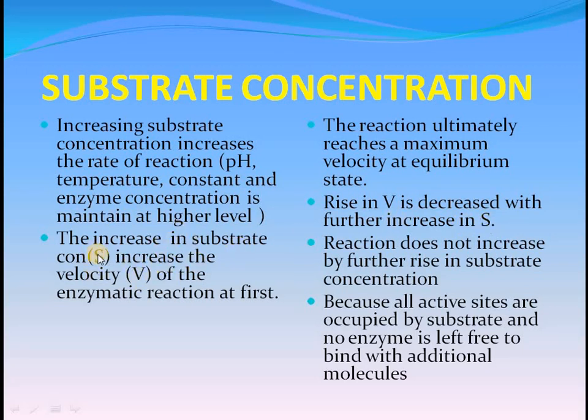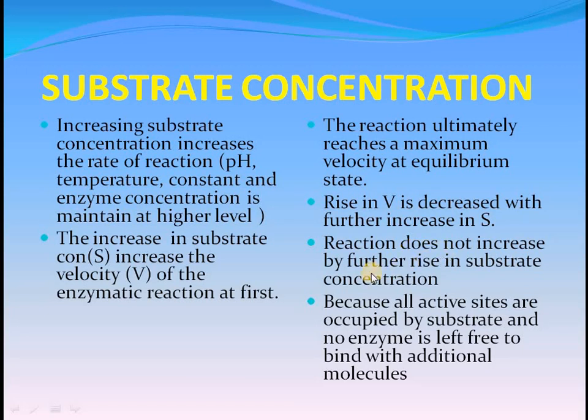As the substrate concentration increases, it gets to the optimum level. After getting the optimum level, when the reaction reaches maximum velocity at equilibrium, what will happen then? There is a rise in V. When the velocity is increased, there is a decrease with further increase in substrate.